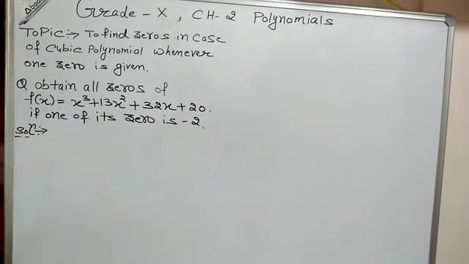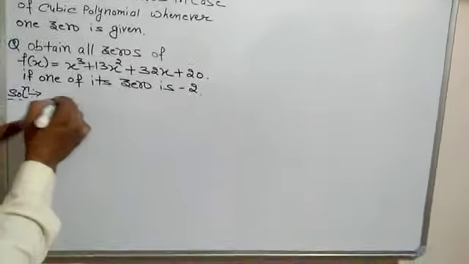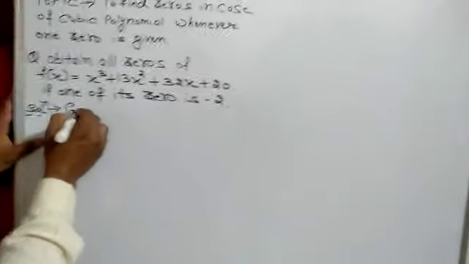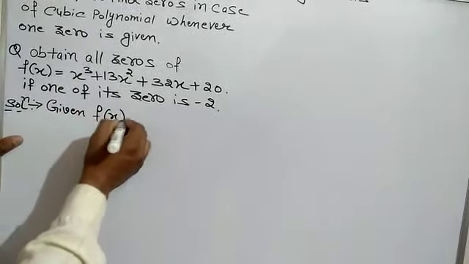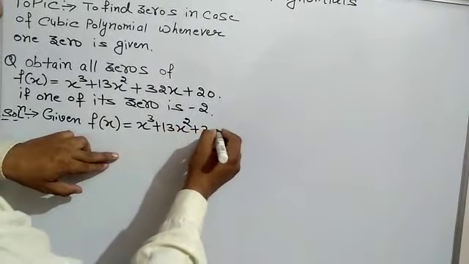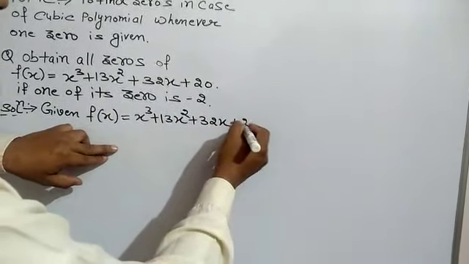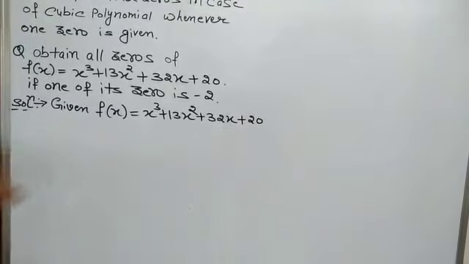So let us start. Here we are given polynomial f of x. F of x is equal to what? x cube plus 13x square plus 32x plus 20. This is our given polynomial.